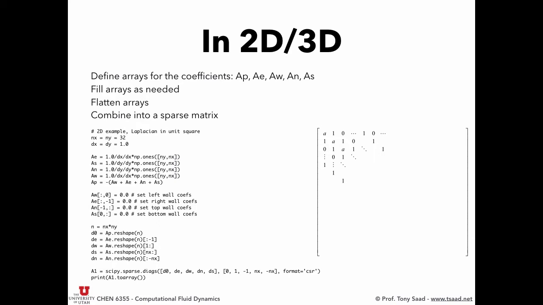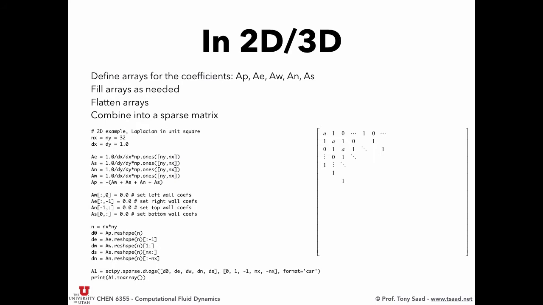So for a given grid point, we had 5 unknowns, right? Which was AP phi p, the unknown at that point, and then a relation to the neighboring values: phi east, phi west, phi north, and phi south. And those coefficients end up in the matrix. So for point 1, you have one equation that has AP and then A east, A north, A west, and A south. So how do you do this?